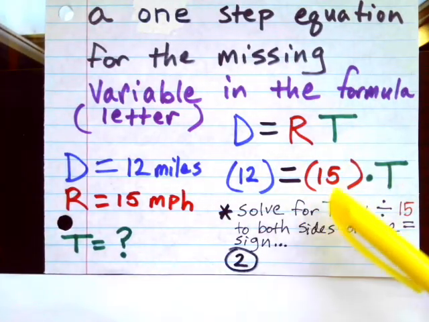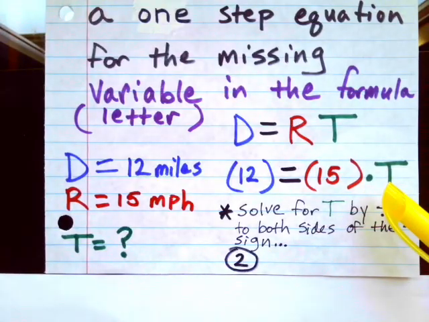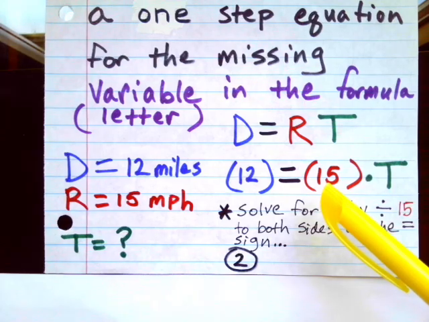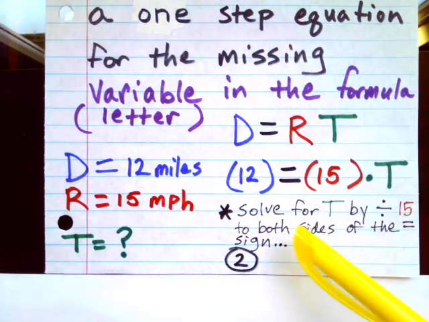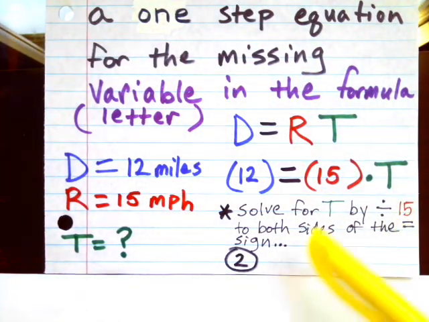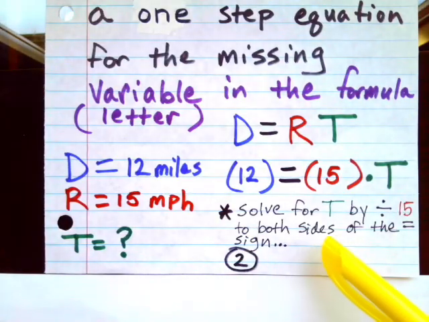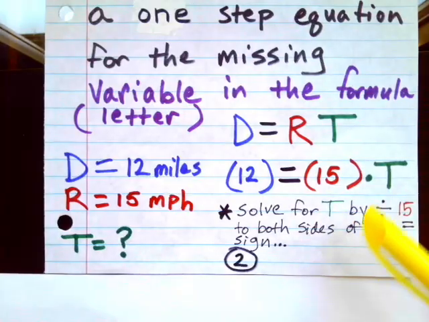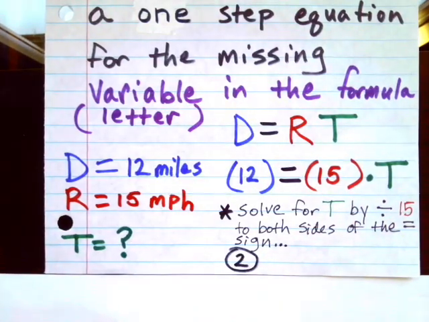Once I have those values, in order to solve for T, I want to do the opposite, or inverse, operation, and divide both sides by 15, both sides of the equal sign. That will give me T all by itself, and I will know the time.